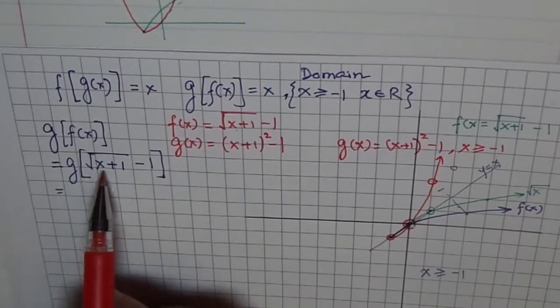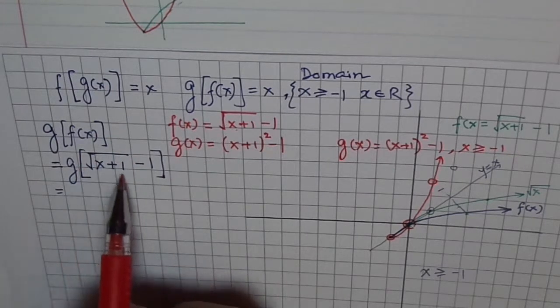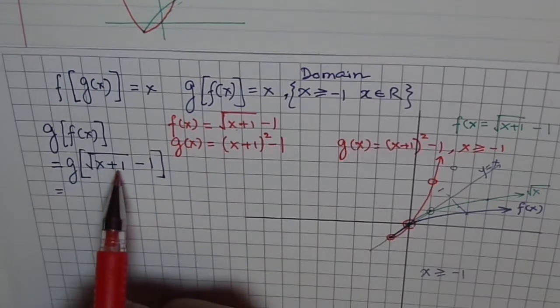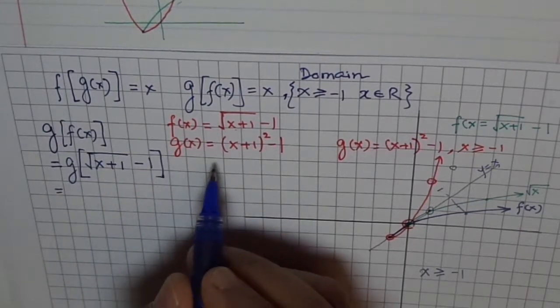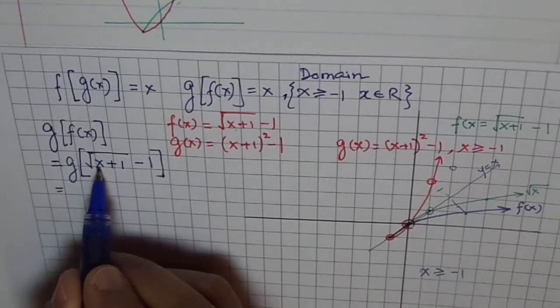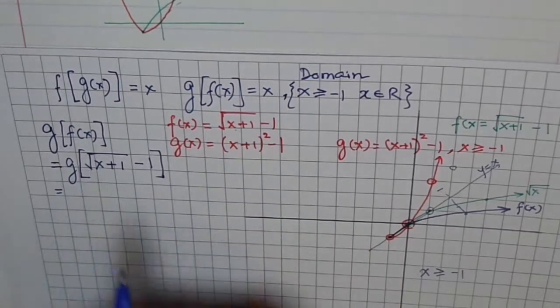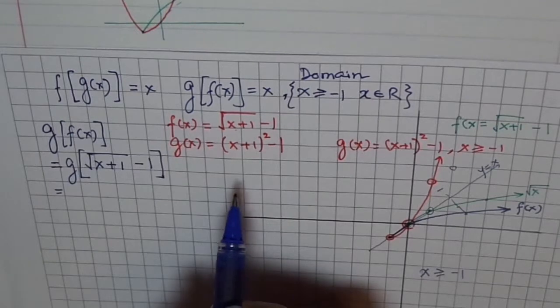Now when we say g of this x, this becomes our x. The function g(x) is defined like this, so here we'll replace x with that value, all of this, correct? So let's do it.